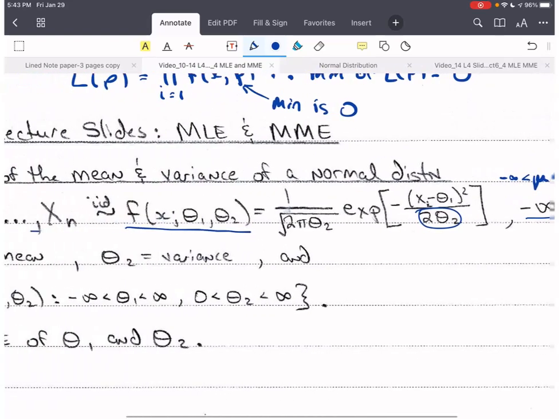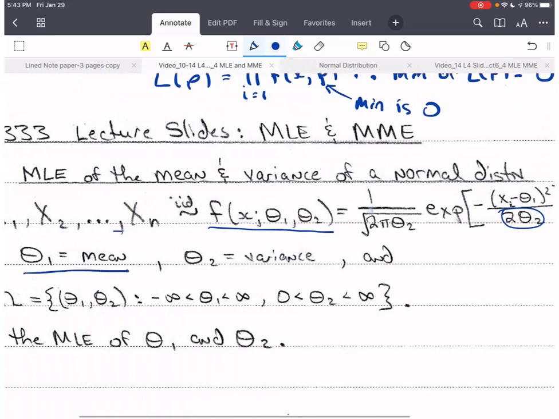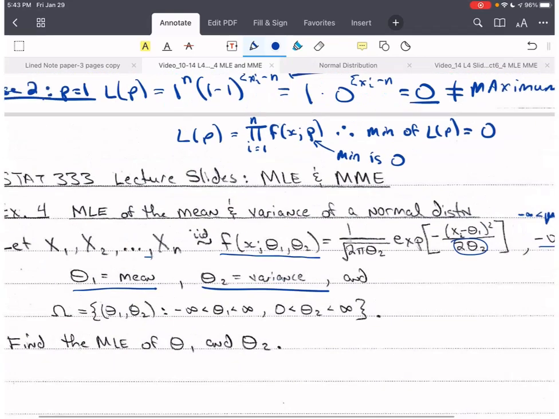All right. So again, theta 1's the mean, theta 2's the variance, and so our parameter space is, and we could just write theta for these two, okay? A lot of people will often just write theta for this vector. We went over that a few videos ago.